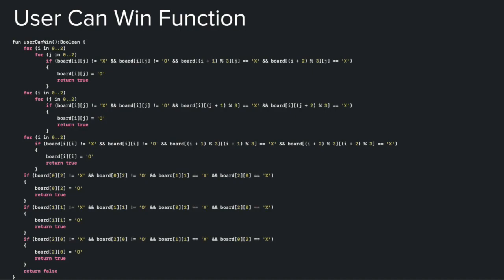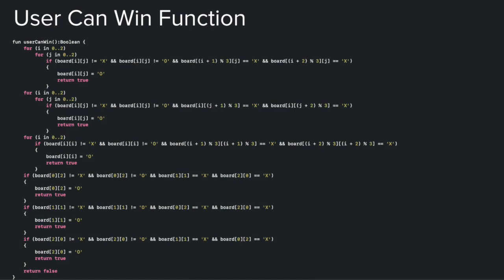So, speaking of the function userCanWin, it's a Boolean function that returns true whenever a place that the computer needs to play in order to stop the user from winning is found. It also allows the computer to make the move, by placing the value O within the cell that is going to stop the user from winning.